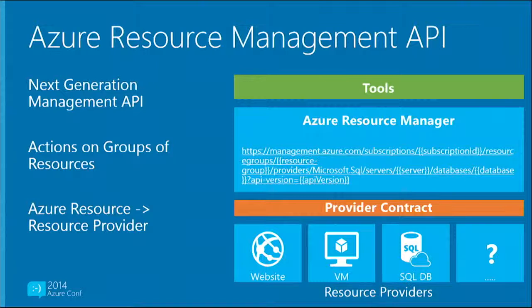That's a good way to figure out if the service or resource you're after is available, is if it's in the new portal. And we'll see another way we can look at that as well when we look at the REST API. So as new resources come online, there'll be these resource providers that will talk to this provider contract. And this contract is how Azure Resource Manager knows that it can actually talk to those individual resources. So Resource Manager is going to talk to this contract.